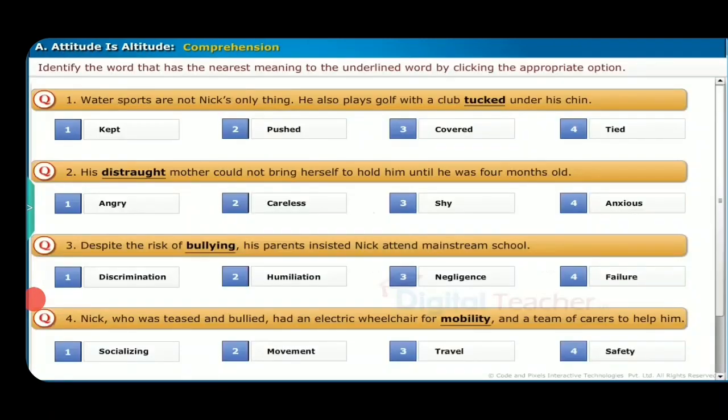Comprehension. Identify the word that has the nearest meaning to the underlined word by clicking the appropriate option.